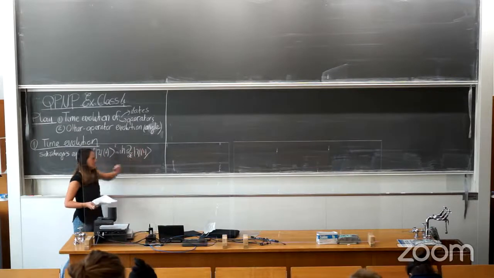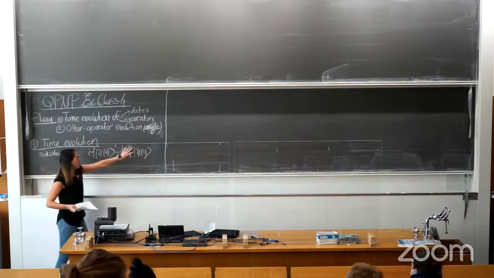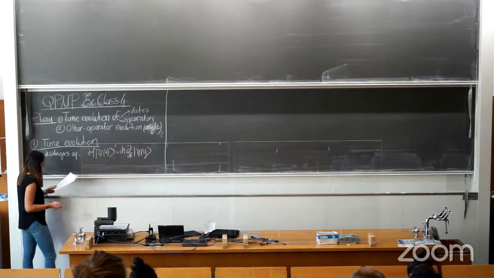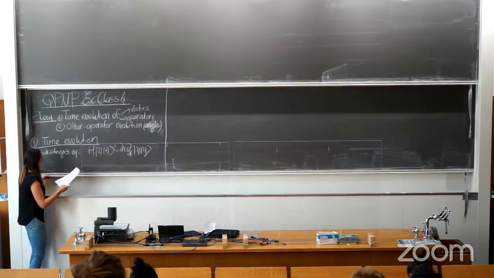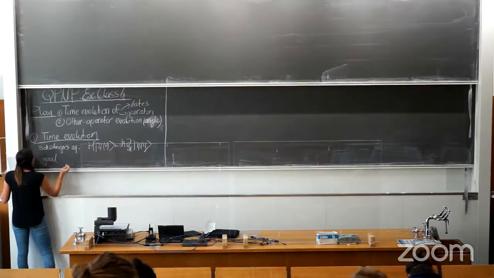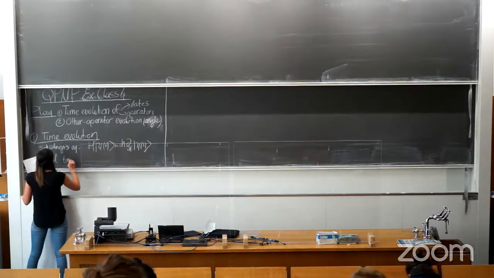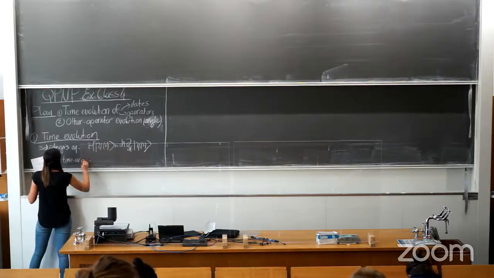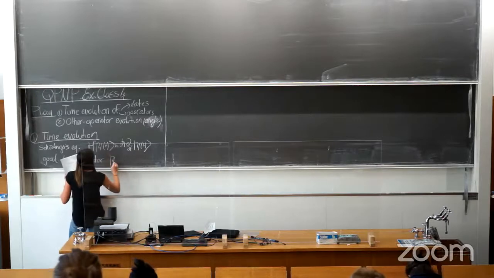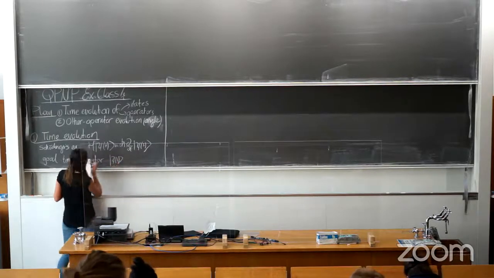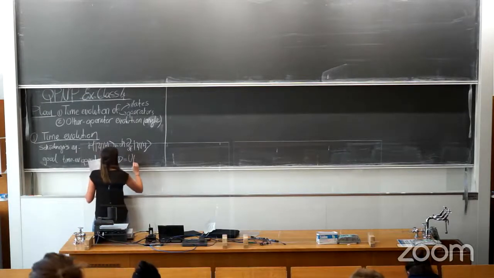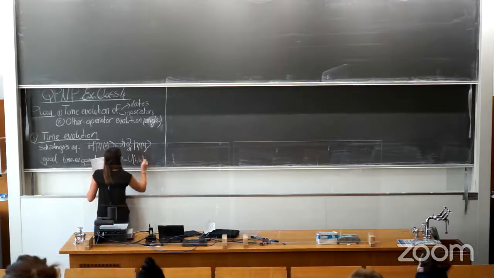And here we have a time derivative, and here we have an operator or matrix. So our goal is to find a time evolution operator such that we can characterize any state at time t as an operator times an initial state, t0.